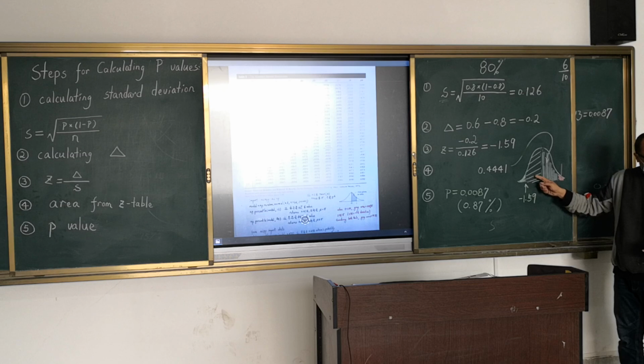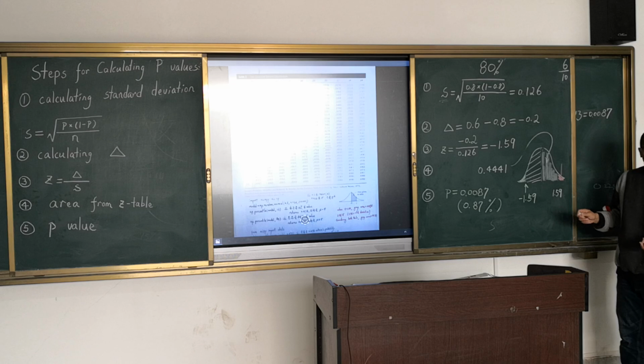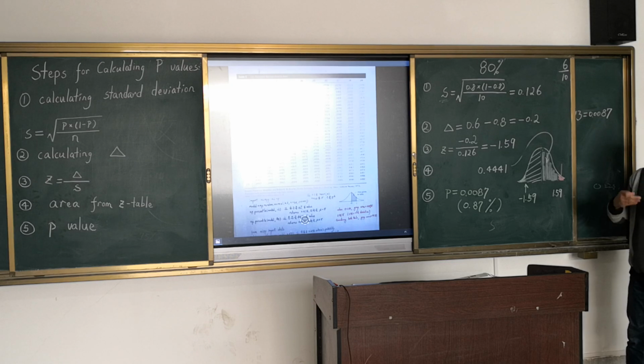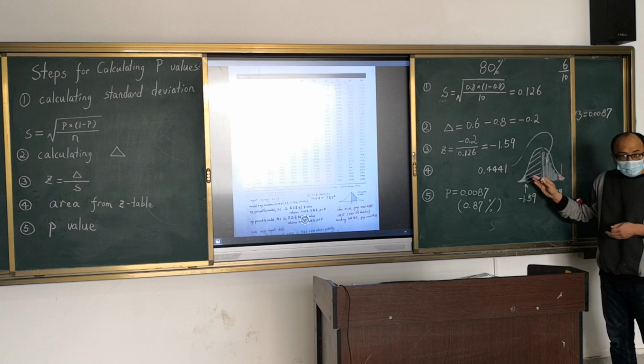What's the strip area? It's the same. Okay? Our goal, what is our goal? After all this, don't get lost. What is our goal? It is this tail, the area.